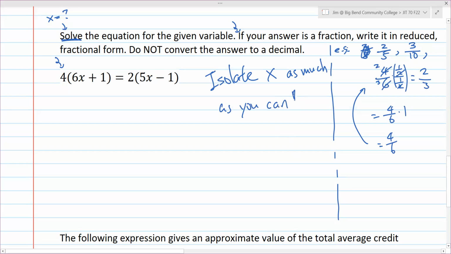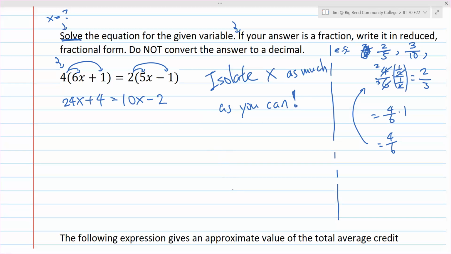Isolate x as much as you can, right? So, for example, make the x terms show up on one side of the equation. Well, let's expand two terms. We have 24x times 4 when we expand the left-hand side. And if we expand the right-hand side, you have 10x minus 2, right? So it's pretty straightforward so far, right?